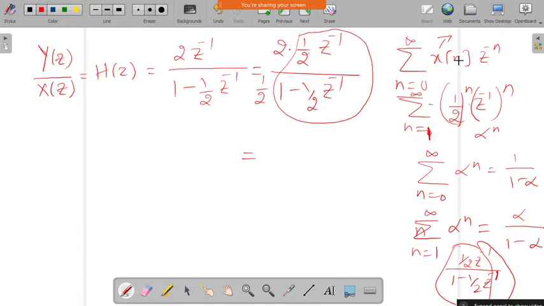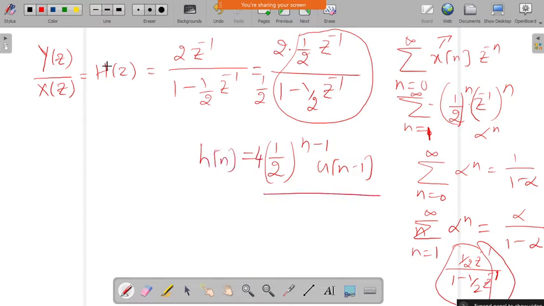Since it is from 1 to infinity, we can write 1 by 2 power n minus 1, because it starts from n equal to 1, into u of n minus 1. Now the remaining term we can write here. So this is your h of n, the inverse Z transform of this h of Z.